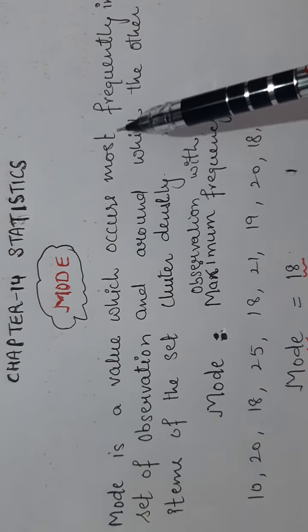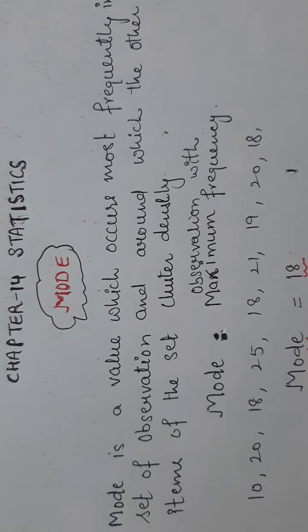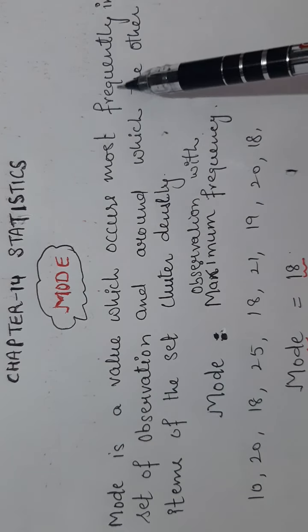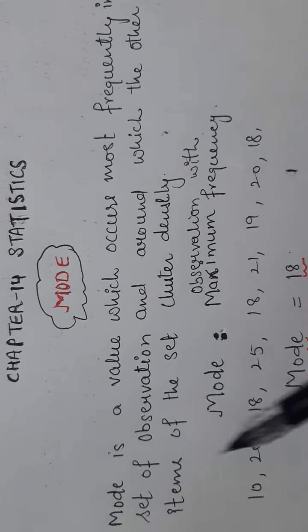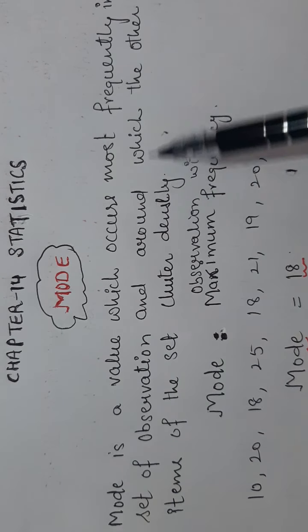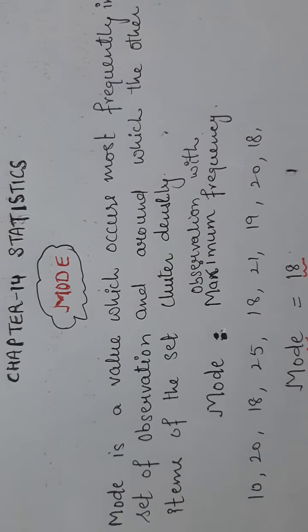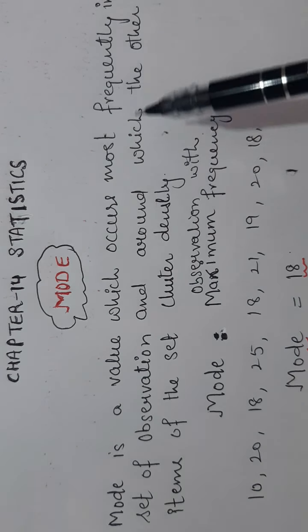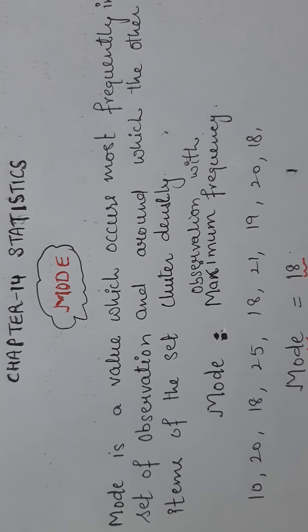The number which occurs again and again, most frequently, and around which all the other numbers or items are very close, is known as mode. Or more simply, the observation with maximum frequency.